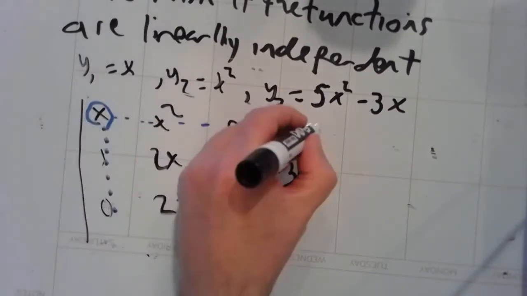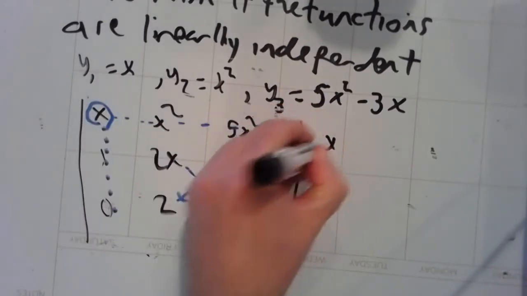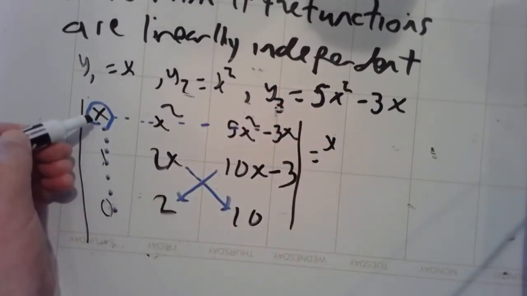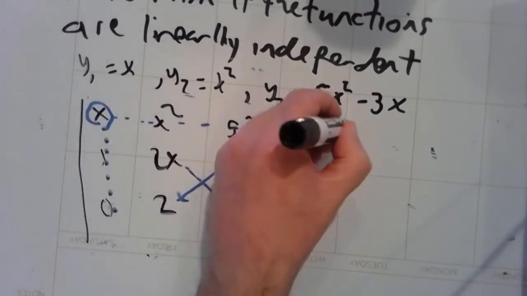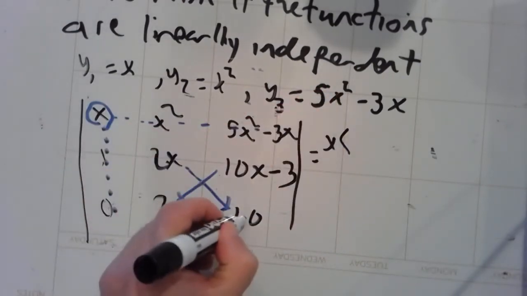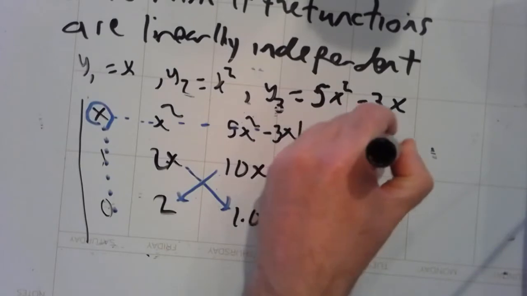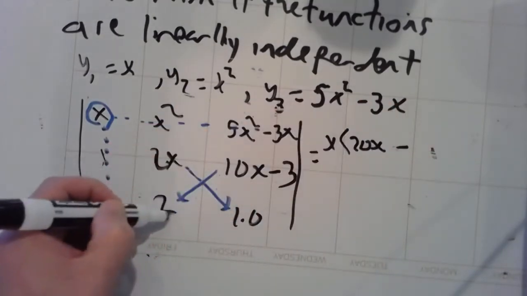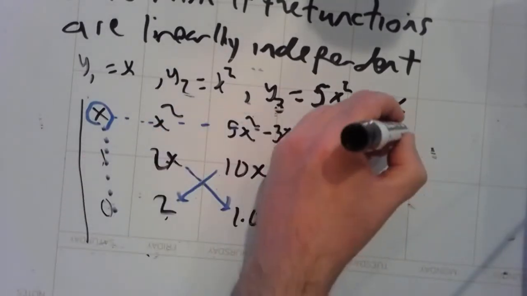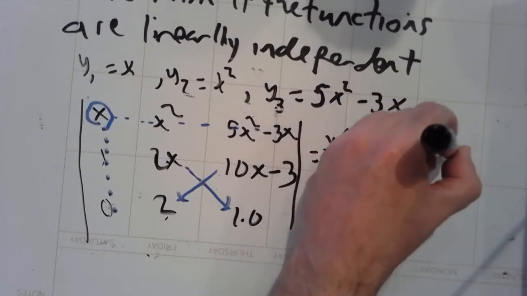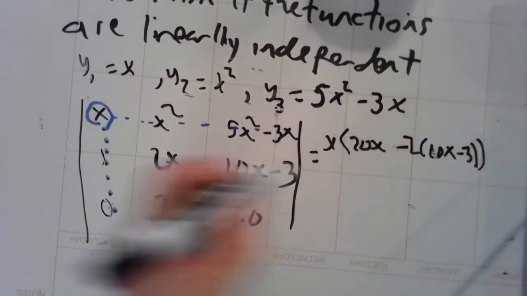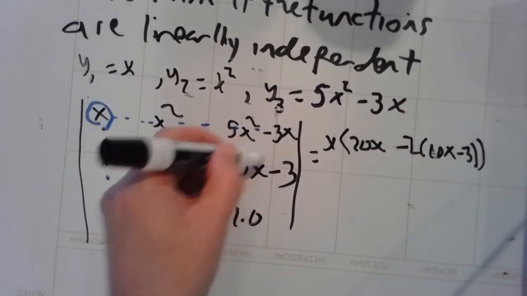So x, write down that first element, times 20x minus 2 times 10x minus 3. Remember, it's always one way minus the other way.